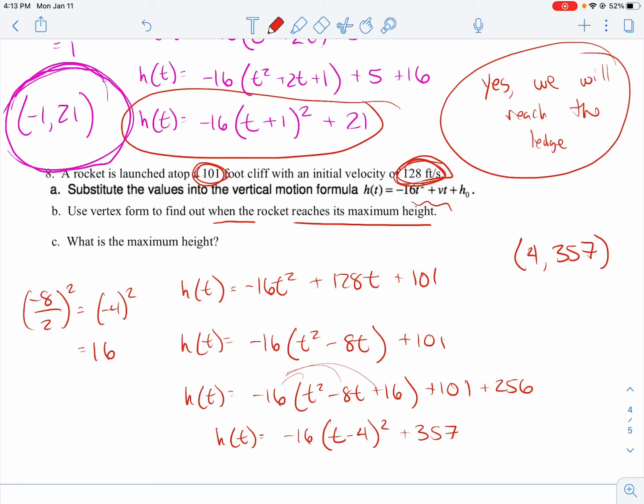Our x values represent our time. So when does the rocket reach its maximum height? Well, we would say 4 seconds. And what is the maximum height? Well, 357 feet.